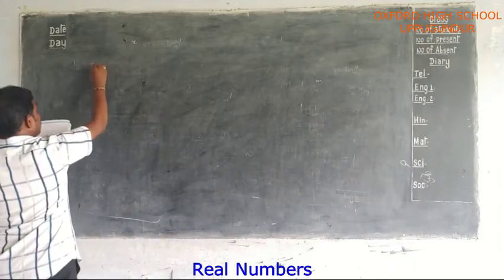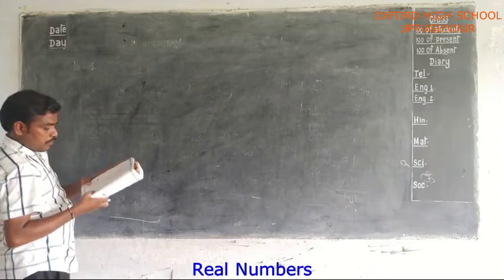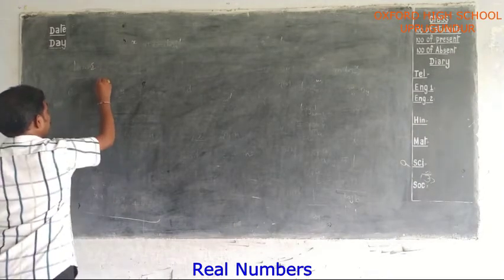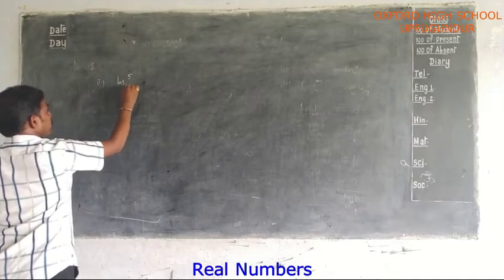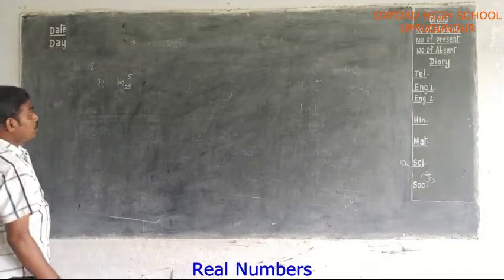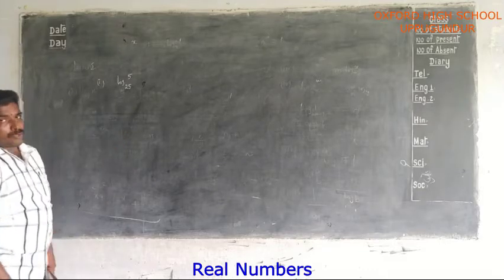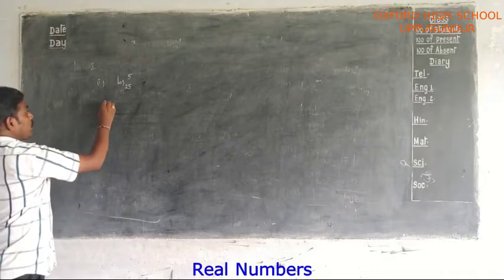What is the first one? Determine the values of the following. First one, log 5 base 25. So you have to find the value of this. You can find the value of this by two methods.